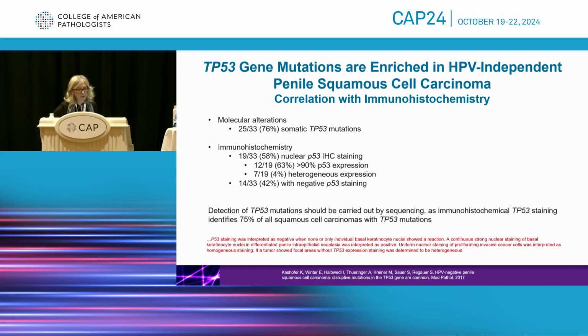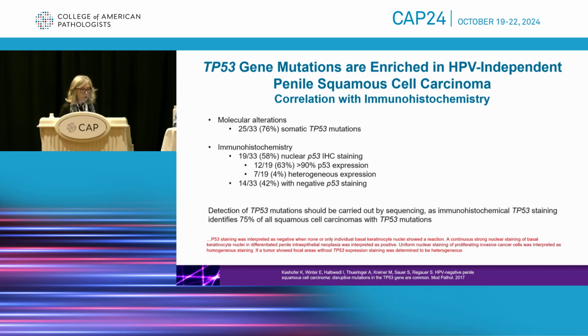So there was a paper in 2017 that looked at the association of P53 gene mutations in patients with HPV-independent penile squamous cell carcinoma, and they found that in their cohort, 76% had somatic P53 mutations, and when they did immunohistochemistry, 60% of these cases, 19 out of 33, had nuclear P53 staining, and 14 cases were negative, what we would consider null mutant.